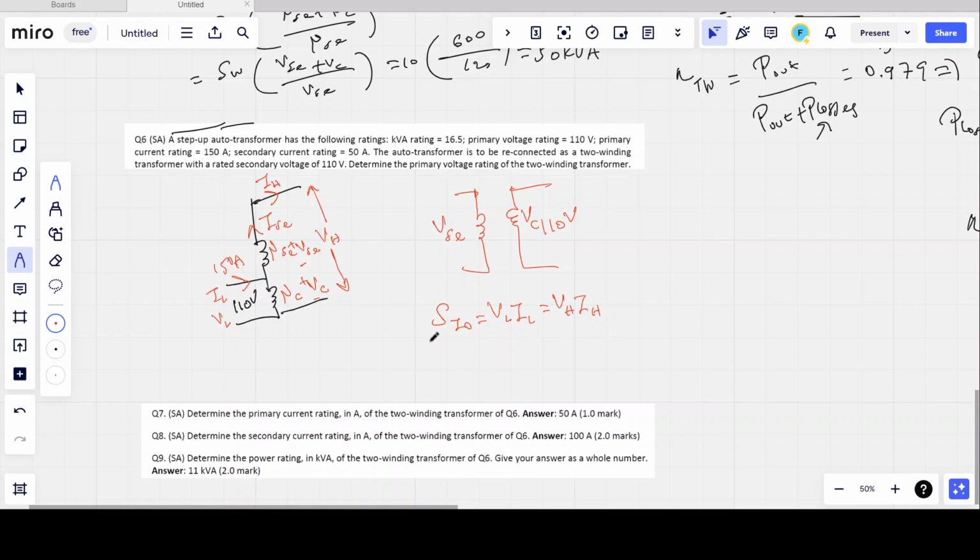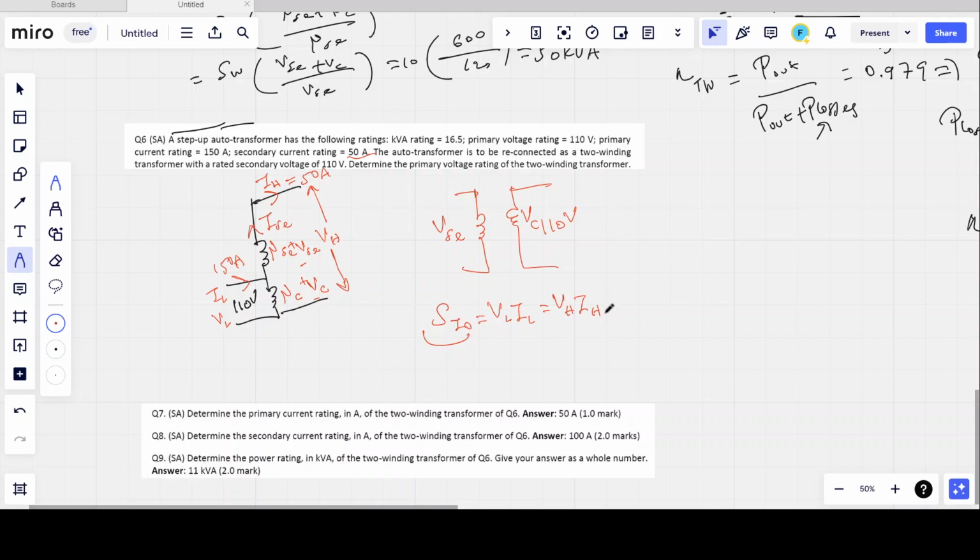Now we know the SIO, which is 16.5 kVA, and we know I high is given to us as 50 amps. So this I high is 50 amps, right? Because this is 50 amps of the autotransformer, right?